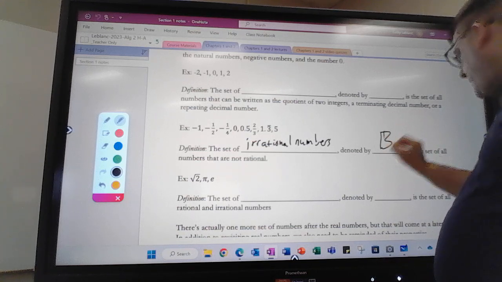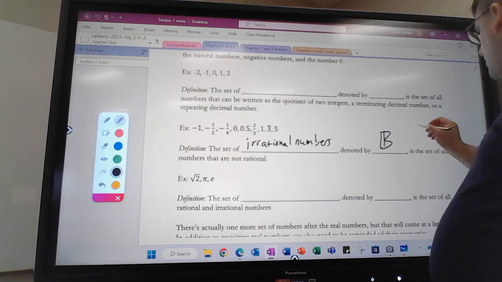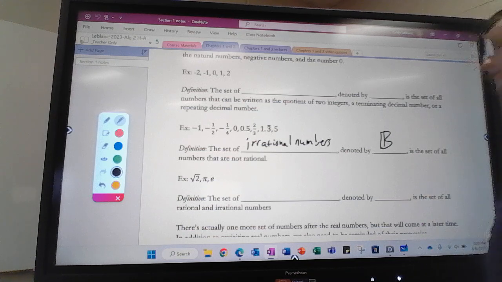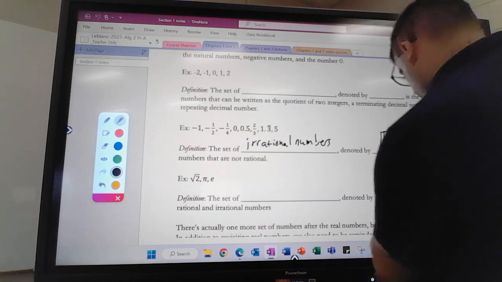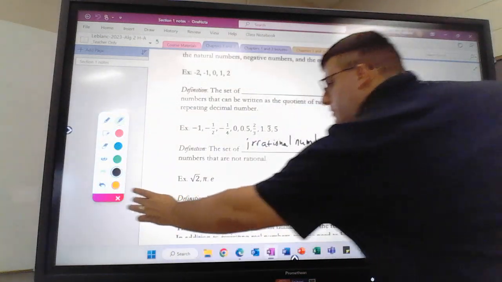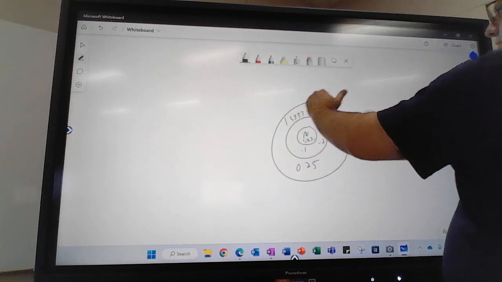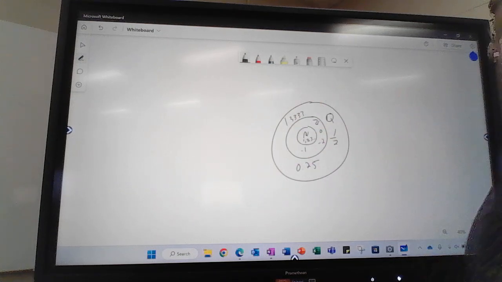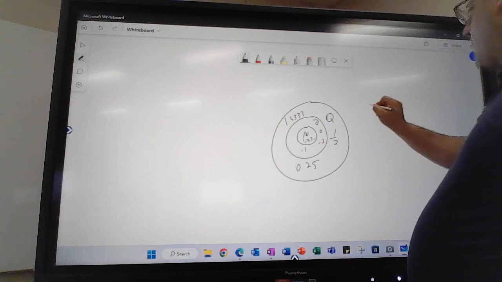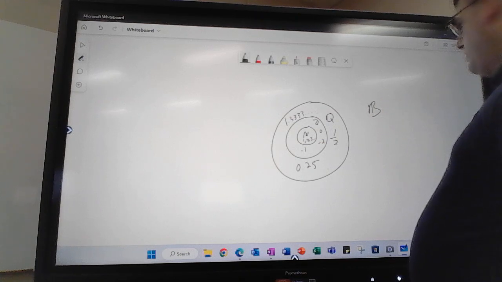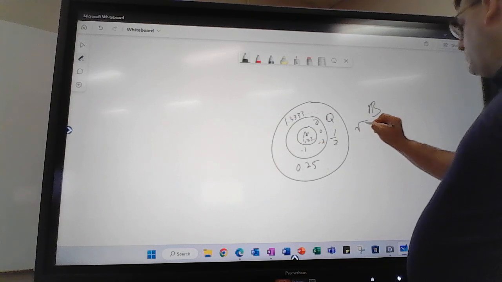It's going to be this double B right here. We'll talk about rational numbers in relation to real numbers in just a second. So if this universe is full of rational numbers, then everything outside of that is my irrational numbers, B. So that's square root of 2.